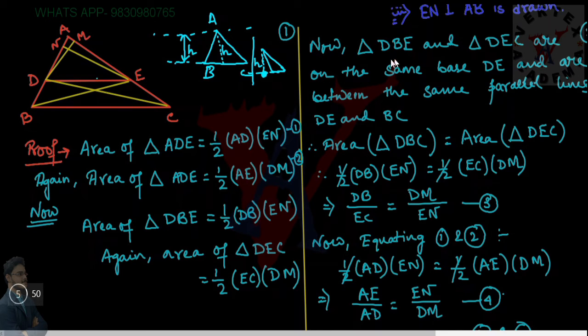Now come to the right hand part of the screen. Triangle DBE and triangle DEC are on the same base DE and are between the same parallel lines DE and BC.